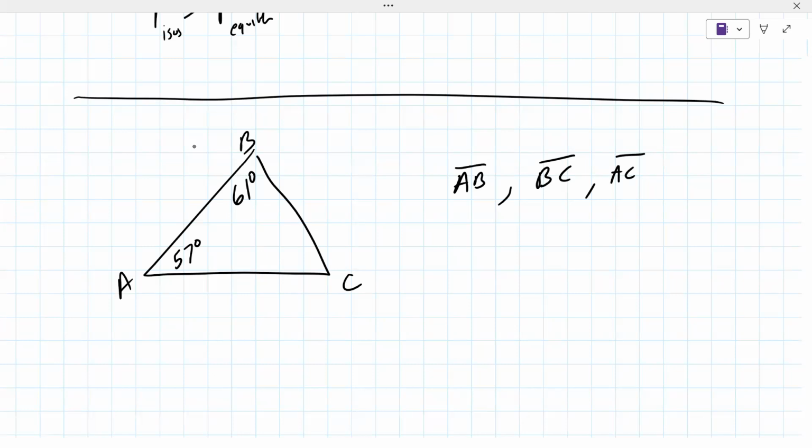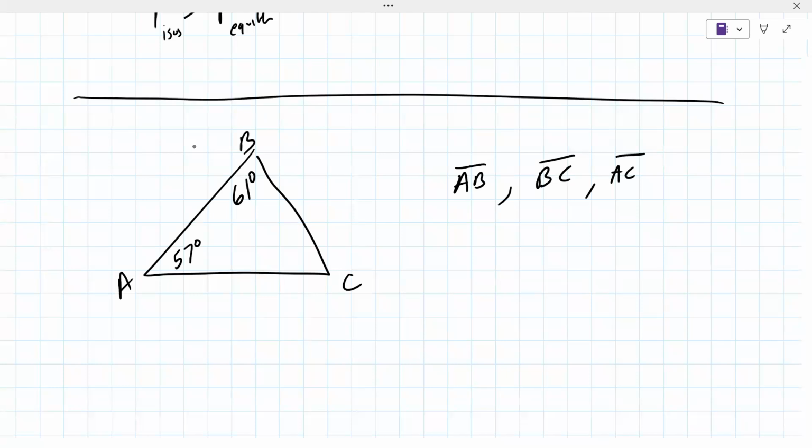Not yet. Okay, so the path here is to figure out the missing angle C. Can you tell me how you would find the missing angle C? Add up the two other angles, yep, then subtract that from 180.